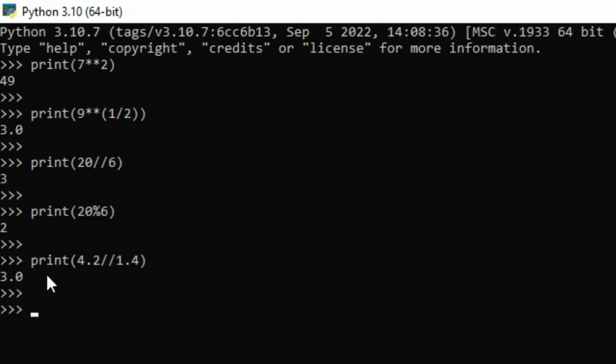On this one, if you go down here, this is kind of what we talked about before too. This is also floor division, but if you do 4.2 divided by 1.4, it comes out to exactly 3, right? But why do they have this 3.0 here? Well, the reason is because these are floats also.